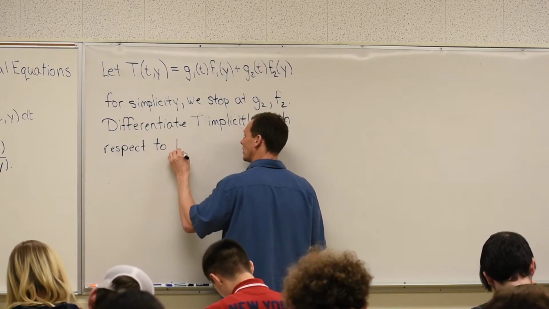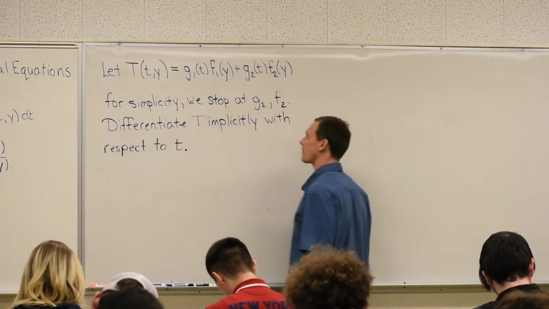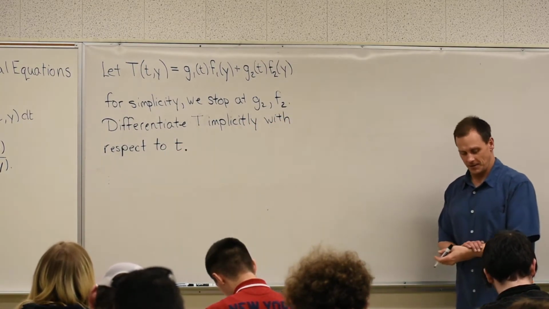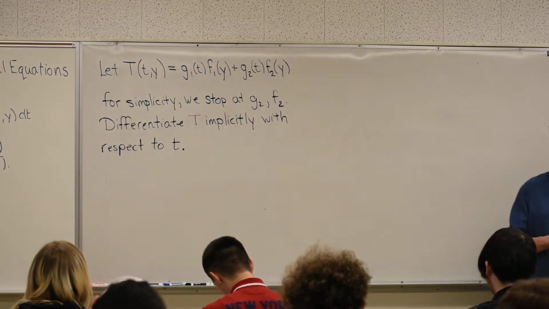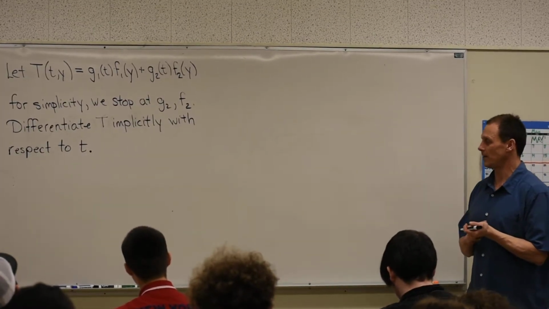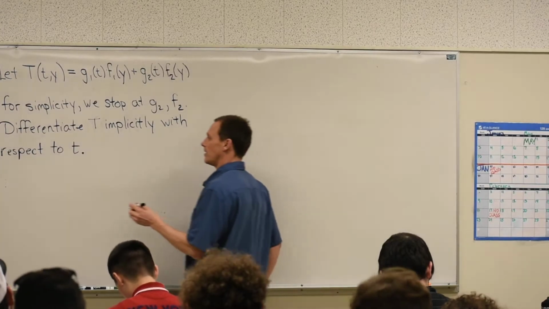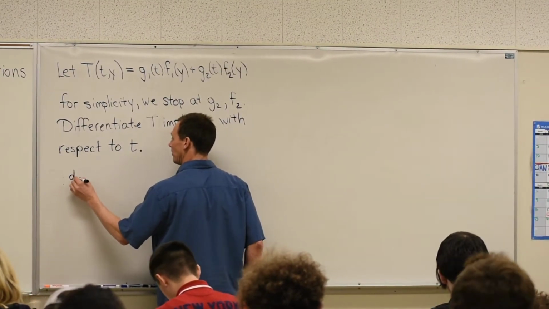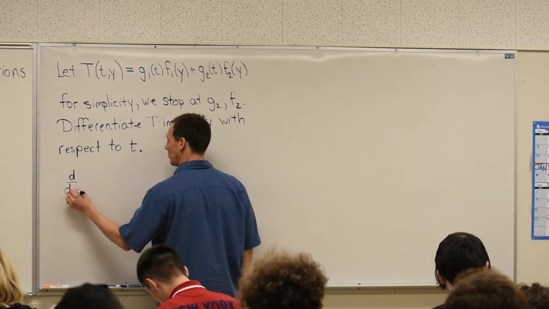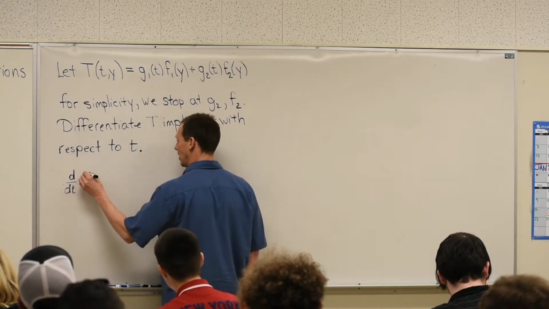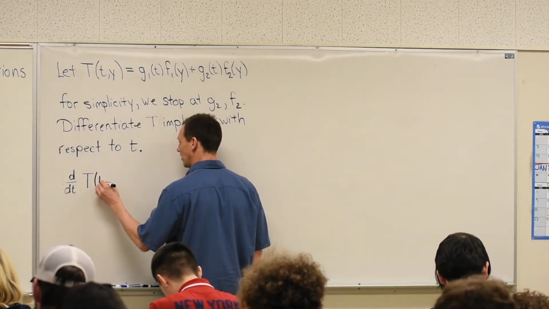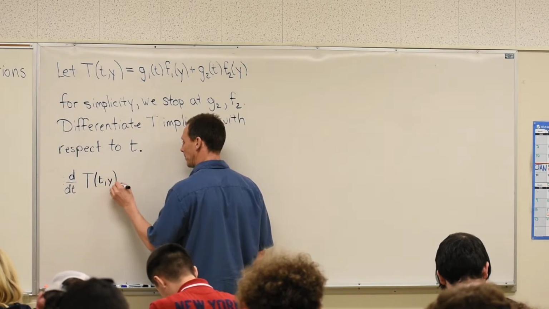If you don't remember implicit differentiation, that's okay, we're going to review it here. Here's how it works. We're going to take the derivative with respect to t of capital T of t comma y.